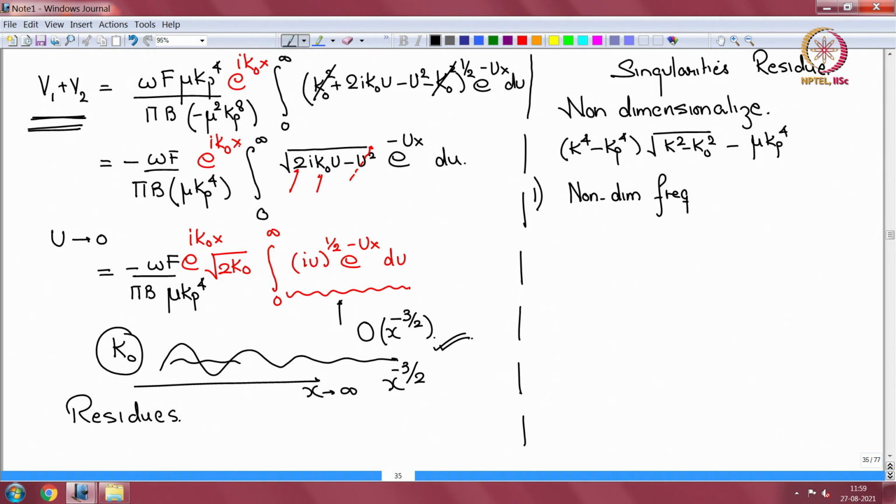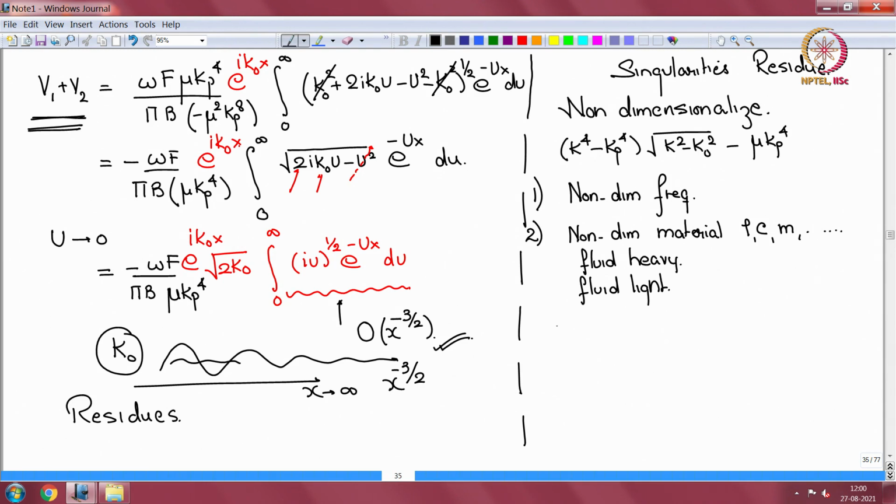The second is a non-dimensional material parameter which can take material properties like fluid density, speed of sound, plate density, and any other parameters, so that we can weigh how it behaves when the fluid is heavy, how the situation looks if the fluid is light, and at high frequencies or low frequencies or around some typical frequencies. So these two parameters we need.